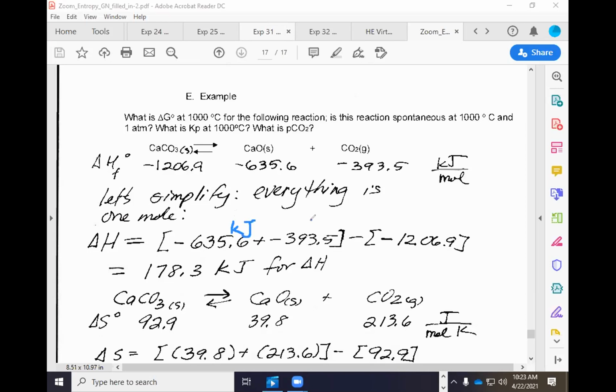And kilojoules. So it's products minus reactants, which is what we've been doing. So first we calculated the enthalpy, that's this part.